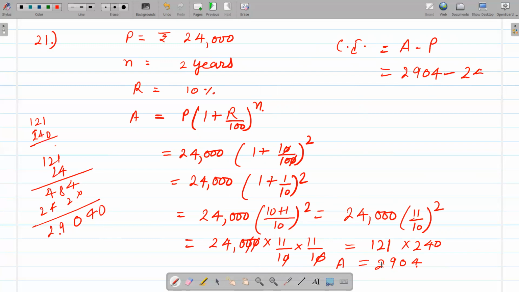Actually it is 29,040. And from that you subtract 24,000, so it will be 5,040. 5,040 will be the compound interest for the 2 years. Okay, this was your question number 21.